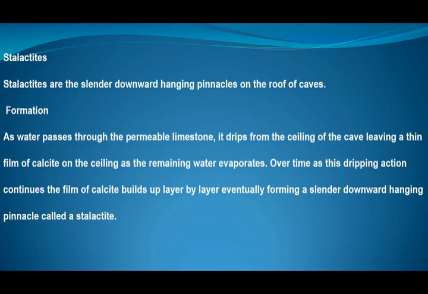Over many years of constant dripping of the water, the calcite is going to build up layer by layer until it grows downwards, forming a slender and isolated pinnacle, and this is what we call the stalactite.